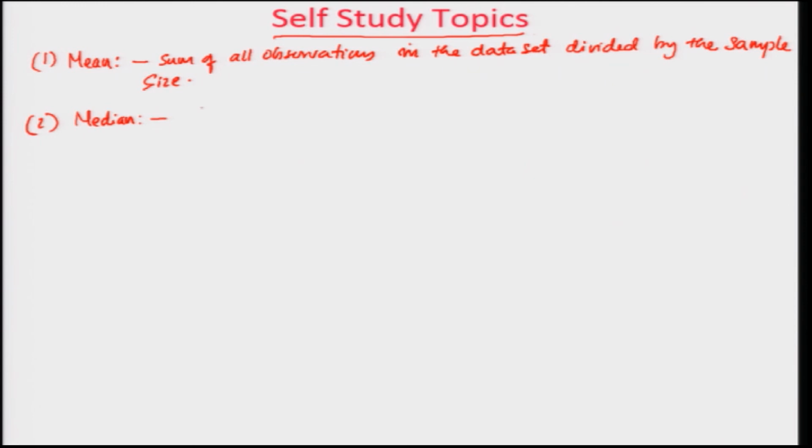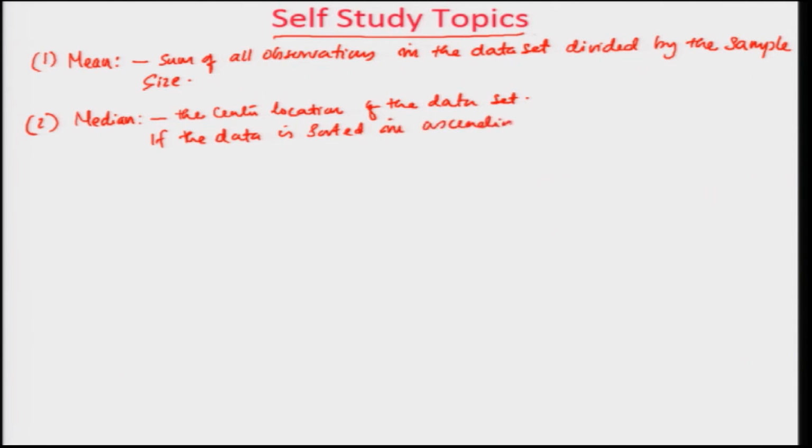This also you need to study. It is the center location of the data set. If the data is sorted in ascending order, then, number 1, if the sample size is odd, the median is the middle value.